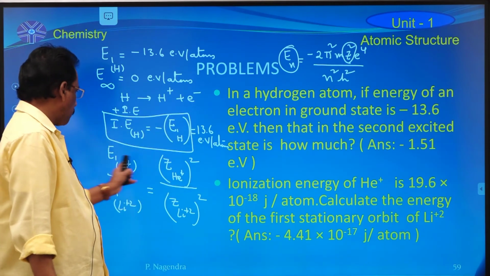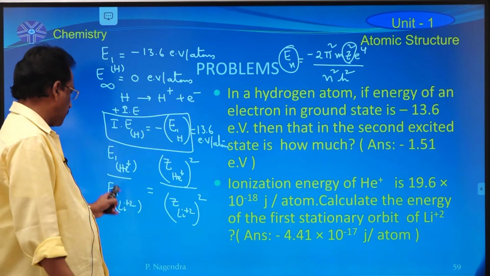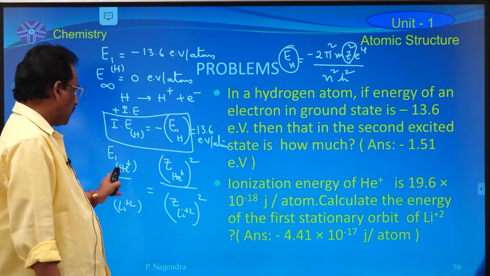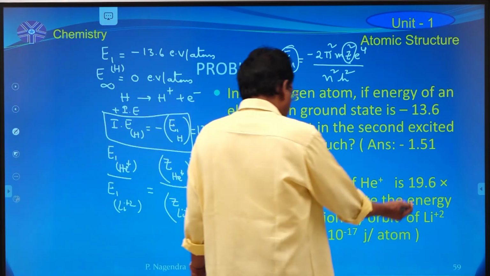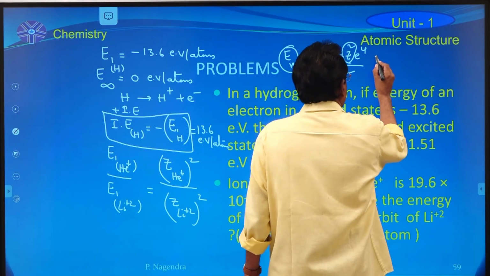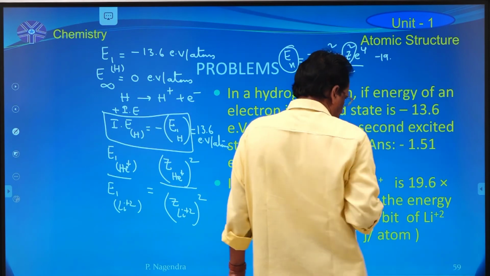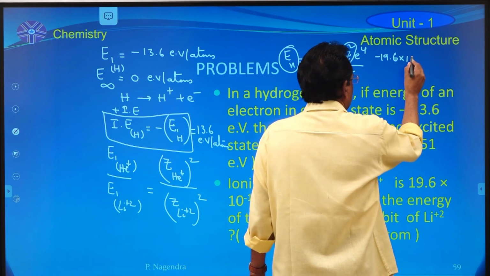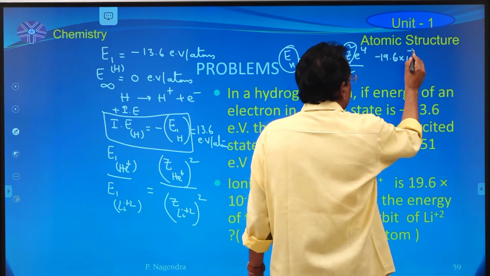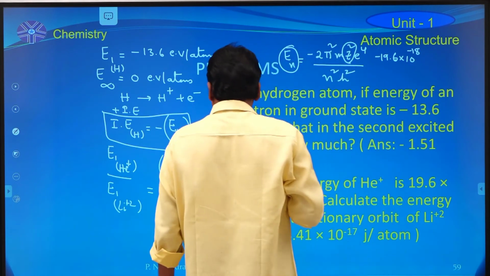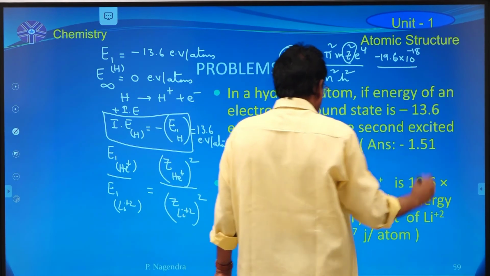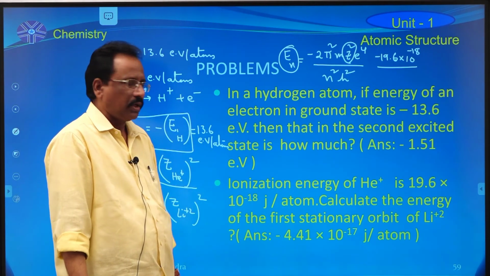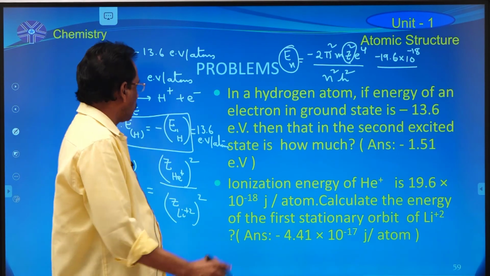It is given in this problem: E1 of He plus is equal to minus 19.6 into 10 power minus 18, divided by, here to calculate the energy of the first stationary orbit of Li plus 2, this is unknown.